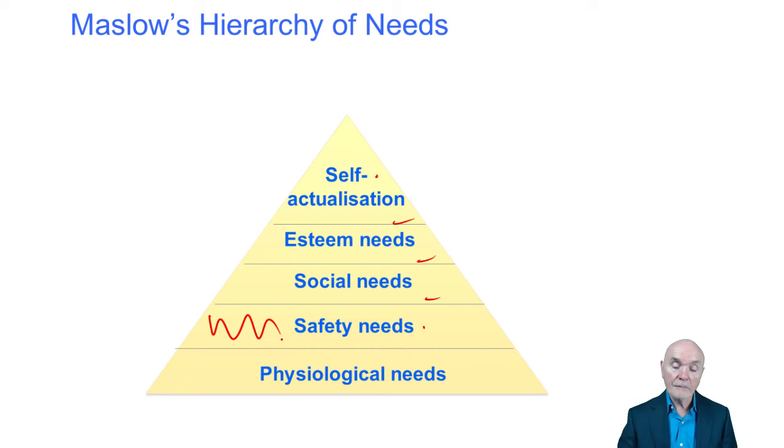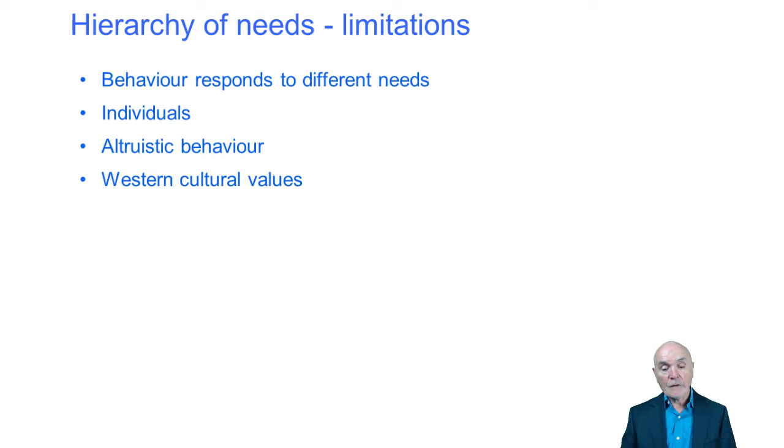If you're older, then you might be more interested in having free time, maybe to pursue holidays. So your emphasis changes away from safety needs more towards maybe self-actualization needs. So behavior responds to different needs. We're all individuals. We're all going to respond differently to this.